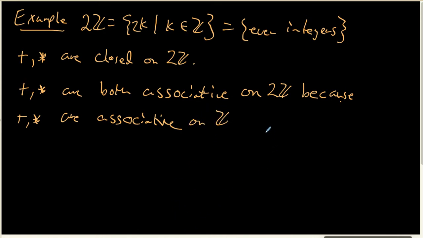In other words, if I had problems with plus or times not being associative in 2Z, then it couldn't be associative in Z. So I know that they're going to be associative in 2Z.